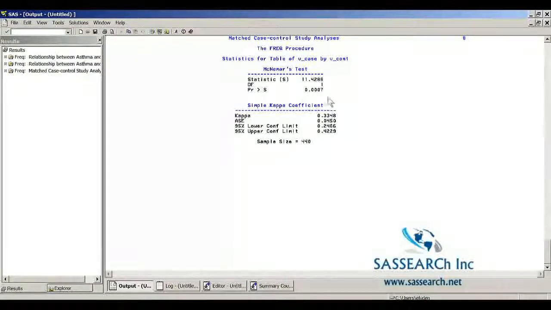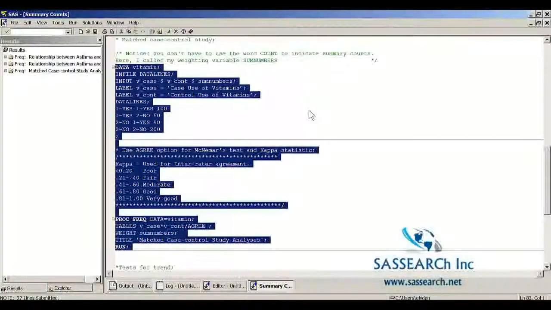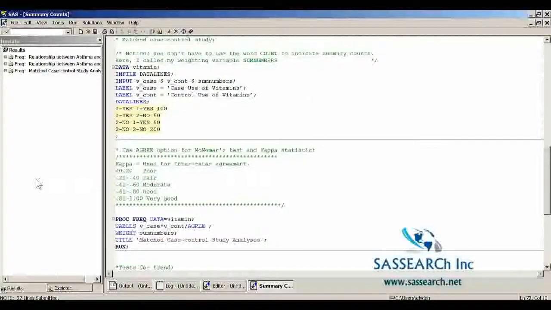A very, very significant result with McNemar's test is going to indicate low agreement for the kappa coefficient. And again, our kappa statistic ranges from 0 to 1. It's kind of similar to a correlation coefficient. So a kappa coefficient that ranges between 0.21 and 0.40 indicates fair inter-rater agreement, or agreement between the matched pairs.